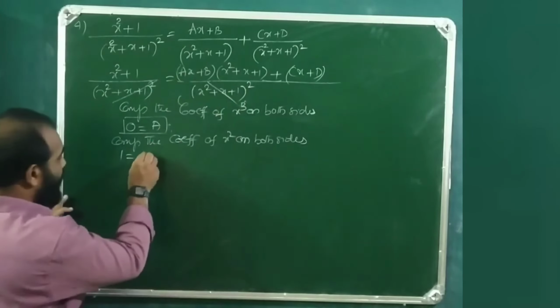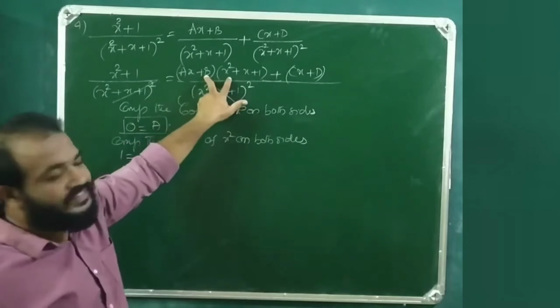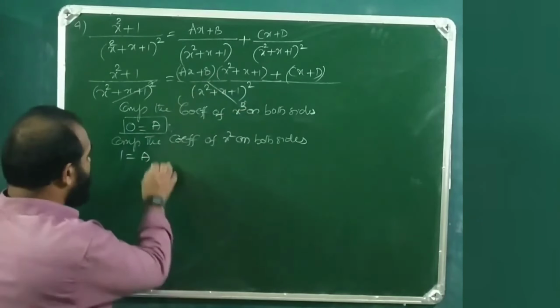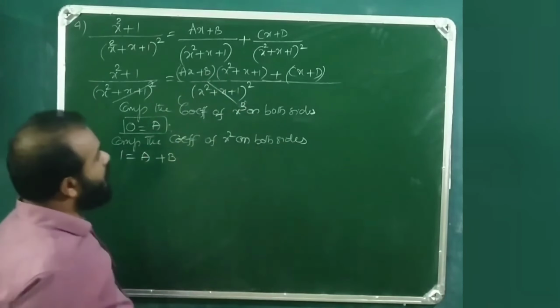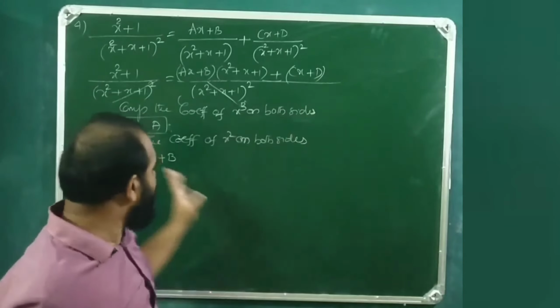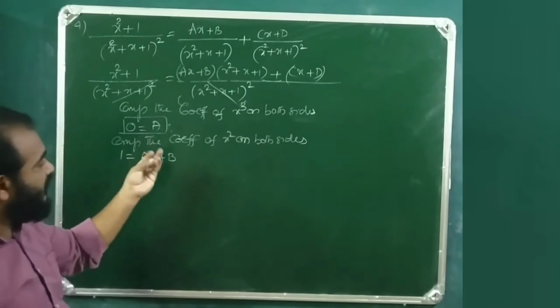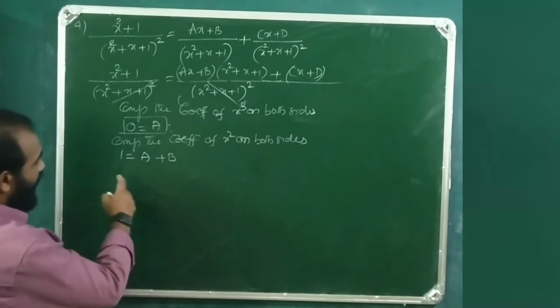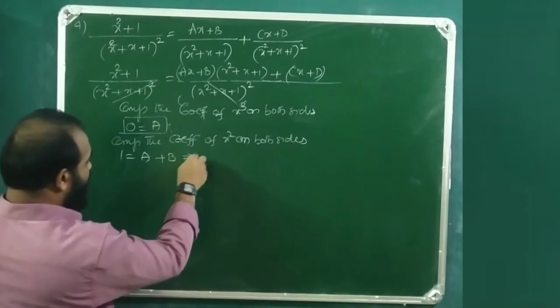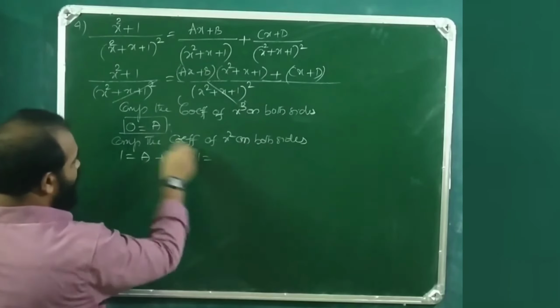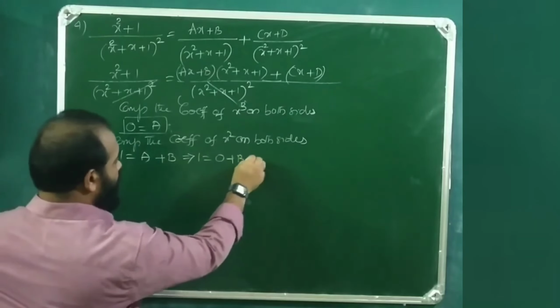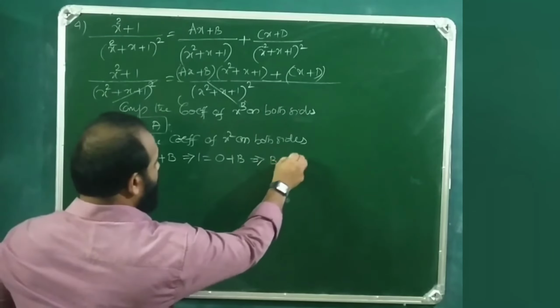So x square coefficient is a. b into x square, x square coefficient is b. And we don't have any other than this, a plus b. So a plus b equals 1. So 1 equals a value is 0 plus b. So therefore b equals 1 we get.